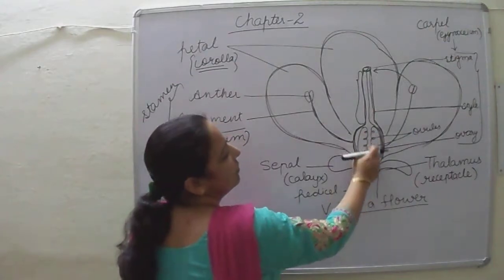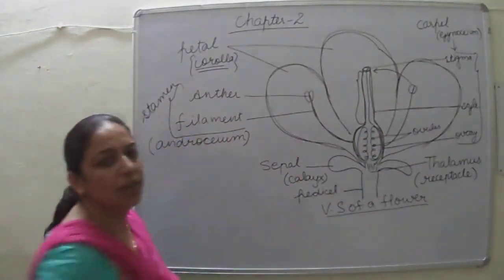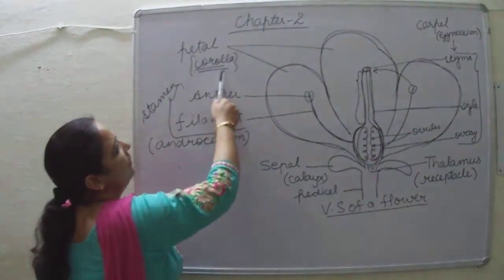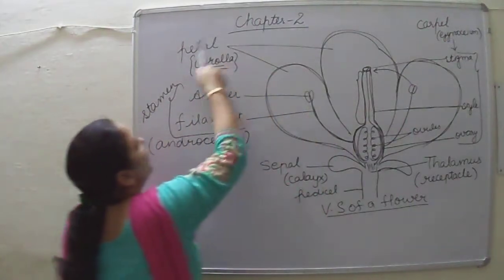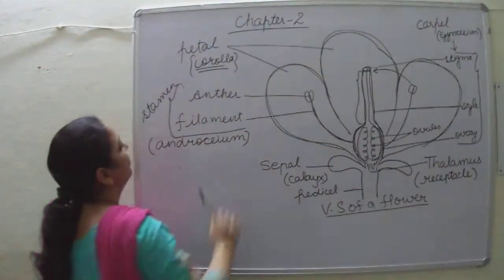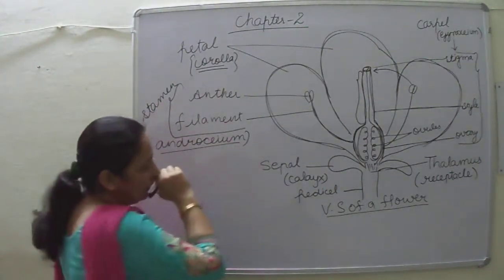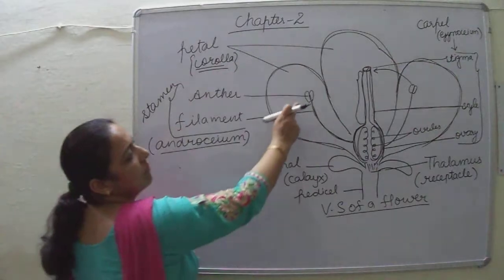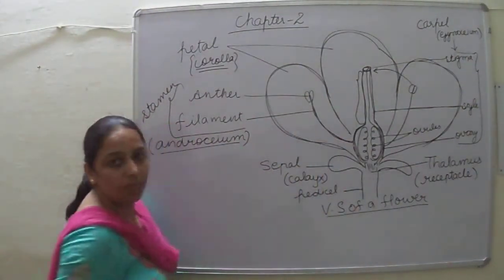Inside the ovary, ovules are present. These are the petals. They are variously colored, attracting insects for pollination. Collectively, these petals are known as the corolla. This is the male part known as the stamen, or we can call it the androecium. It consists of anther and filament. The filament connects the anther to the flower.